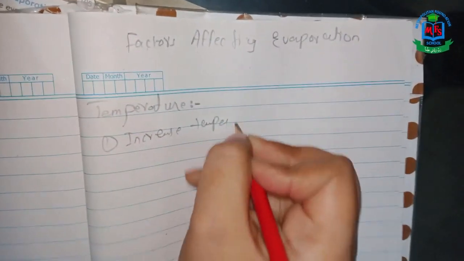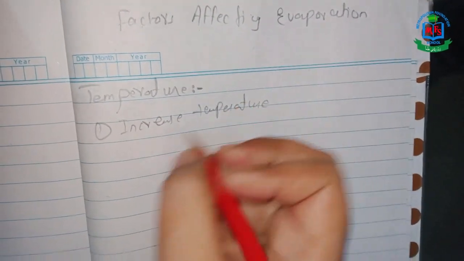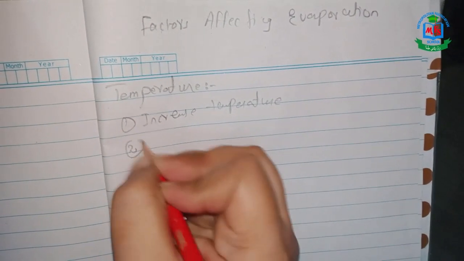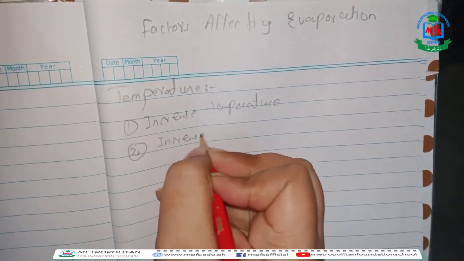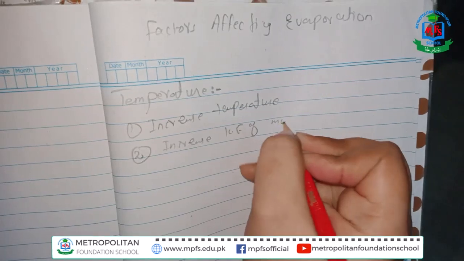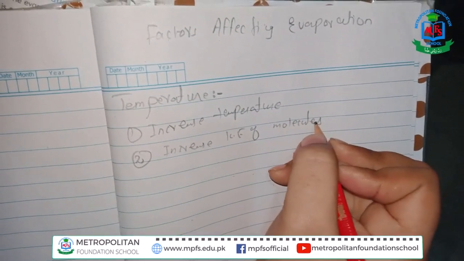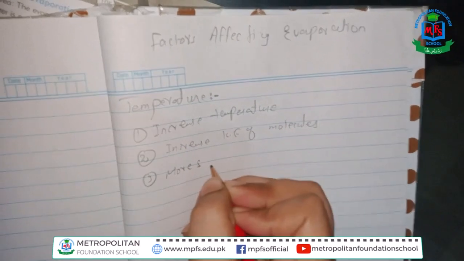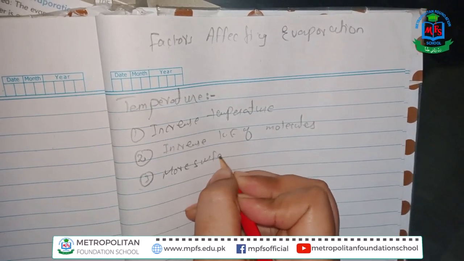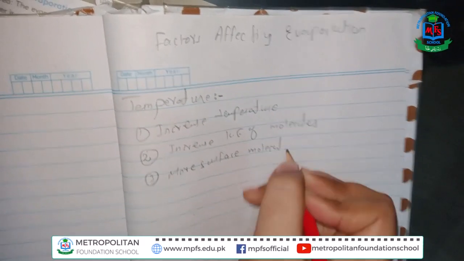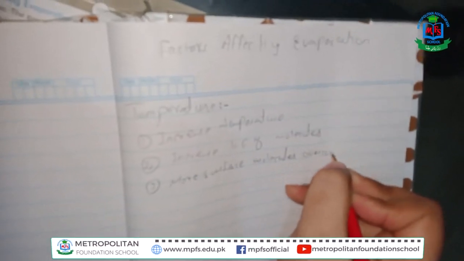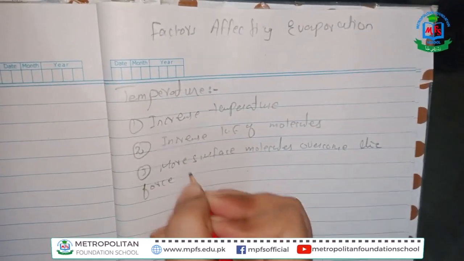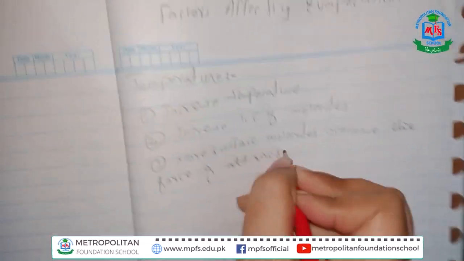The second point is increased kinetic energy of molecules. The third point is more surface molecules overcome the force of attraction.